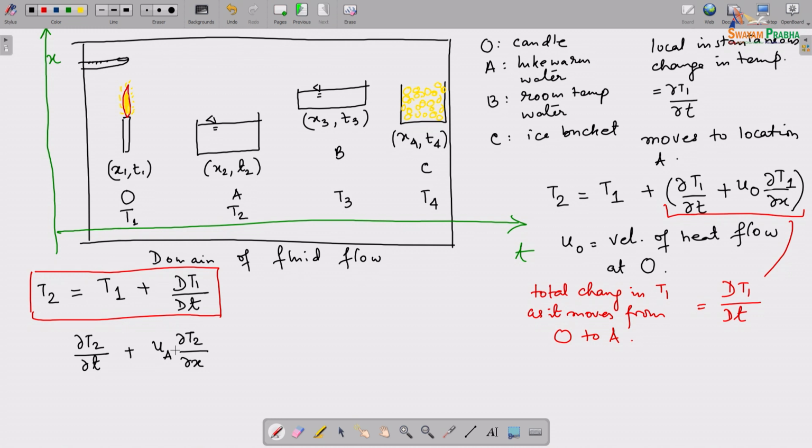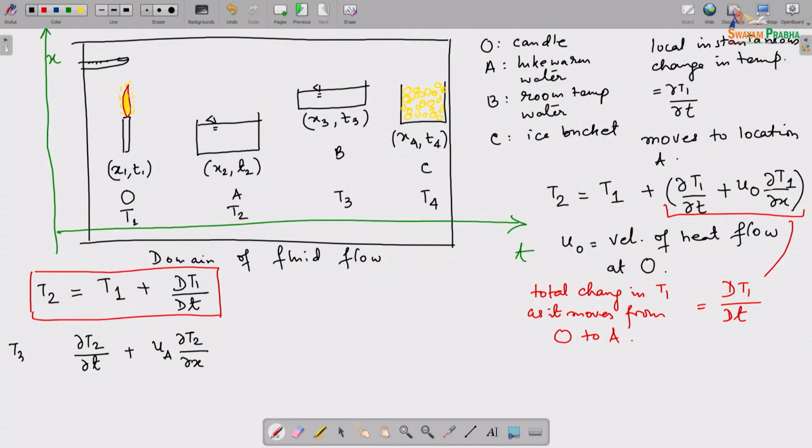Is that right? So that is the total change. Now I have a new temperature at location B, T3, which is T2, the temperature I had, to which this change has been added. So this change is again T2 plus dT2 by dt.